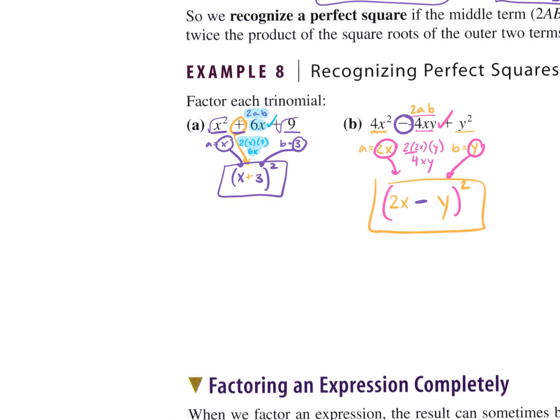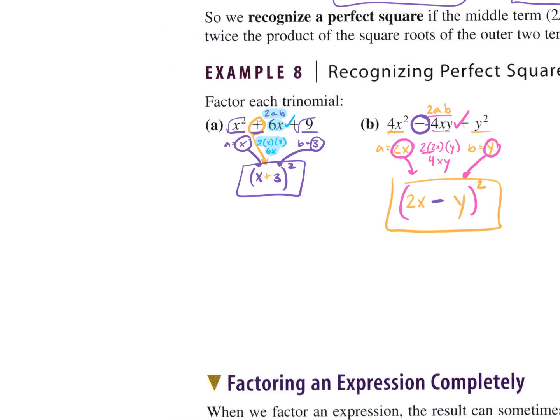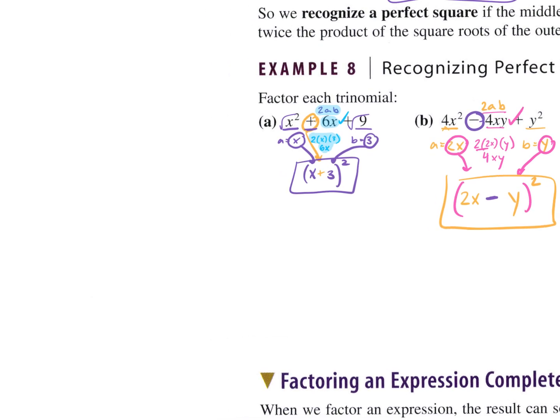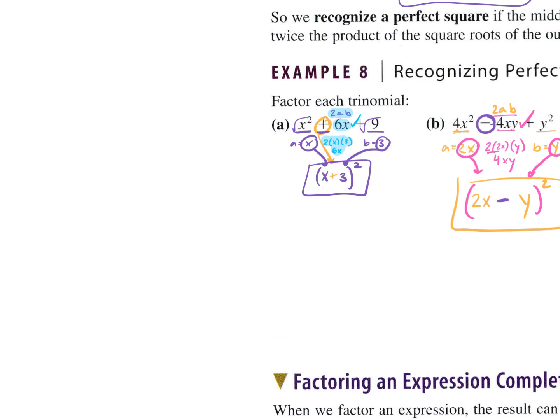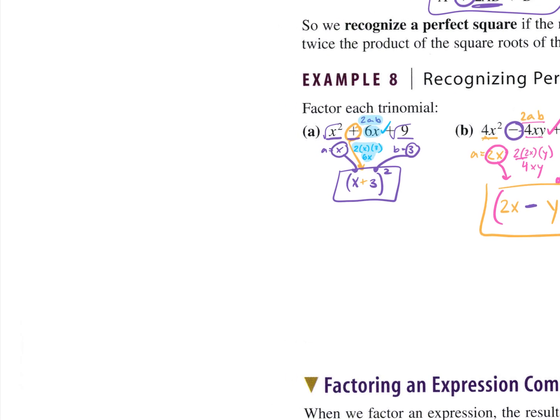A lot of times people will get confused on when to use your binomial squared. One thing that I think is helpful to remember, which we can talk about again when we practice more on Monday and Tuesday, is if we have a perfect square trinomial, so if we have 3 terms, then it factors into a binomial squared, just one set of parentheses.